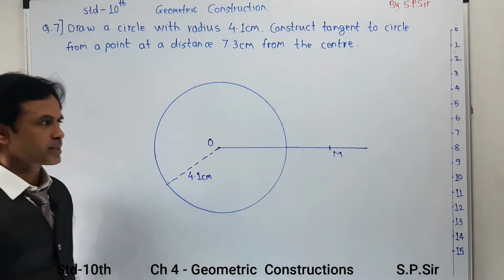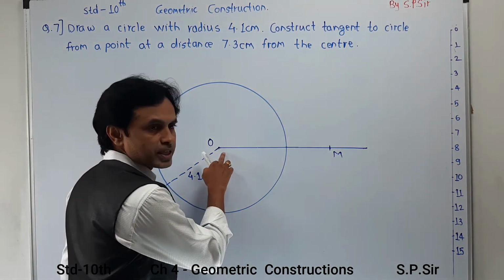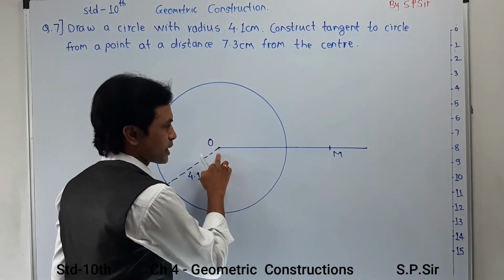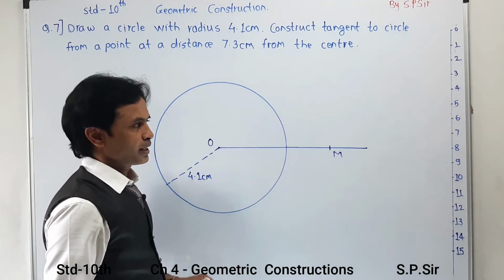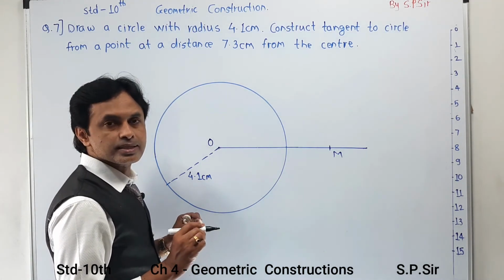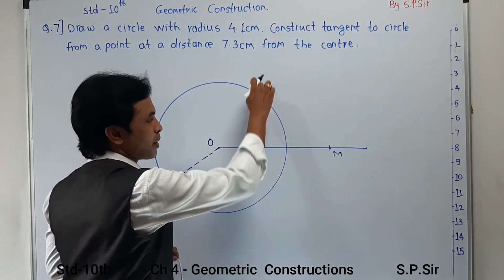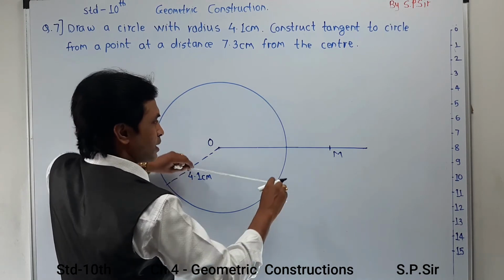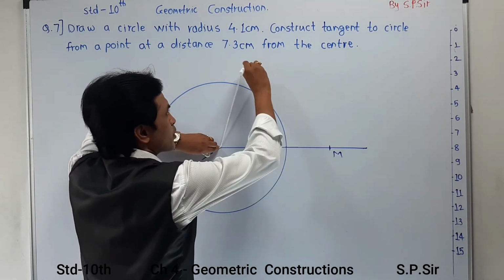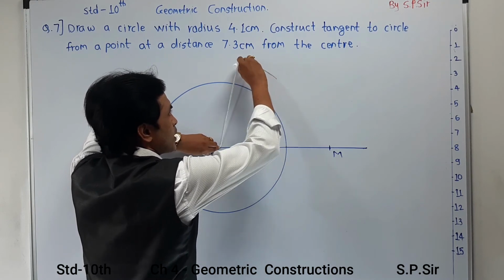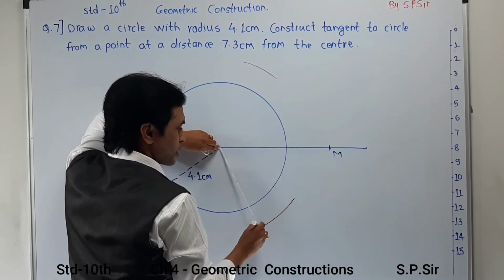Now the next step: center O of the circle is over here, M is over here, and the distance is 7.3. You have to draw a perpendicular bisector on it. In that case, take a distance more than the radius so that your marking is outside the circle. In this case, I am taking a random distance, and from point O, I am going to make one mark upstairs and a second mark downstairs.